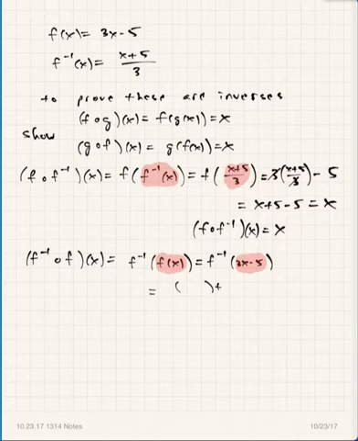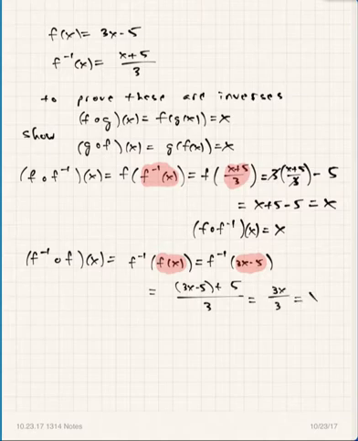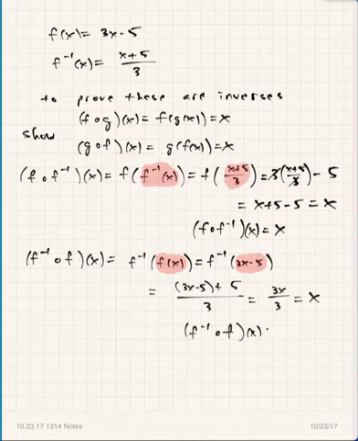And instead of an x, I drop in 3x minus 5. And so you get 3x minus 5 plus 5, which is just 3x over 3, or x, yay. And so I get f inverse composed with f of x is equal to x also.